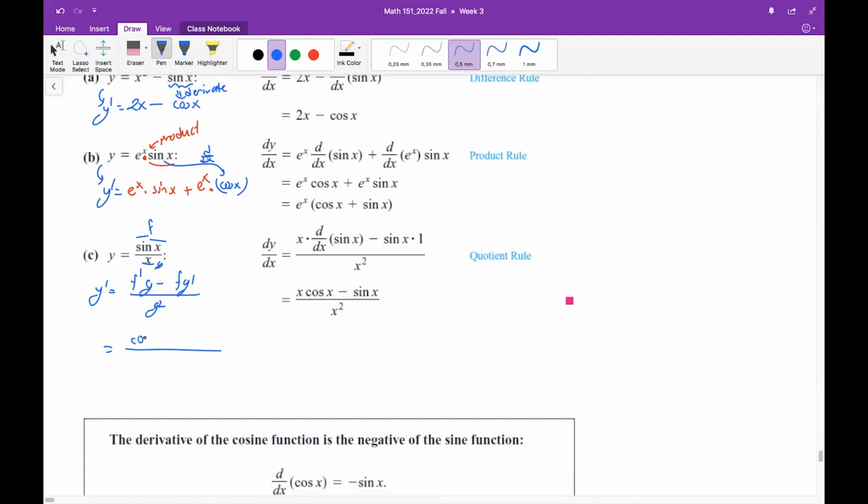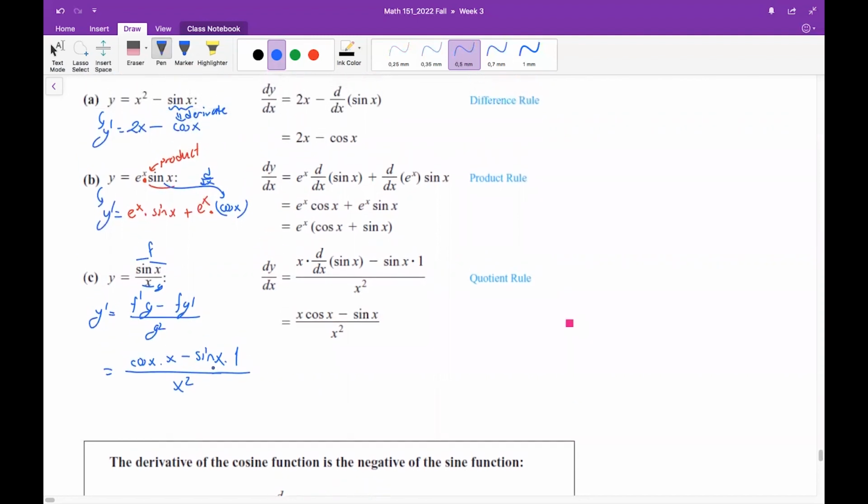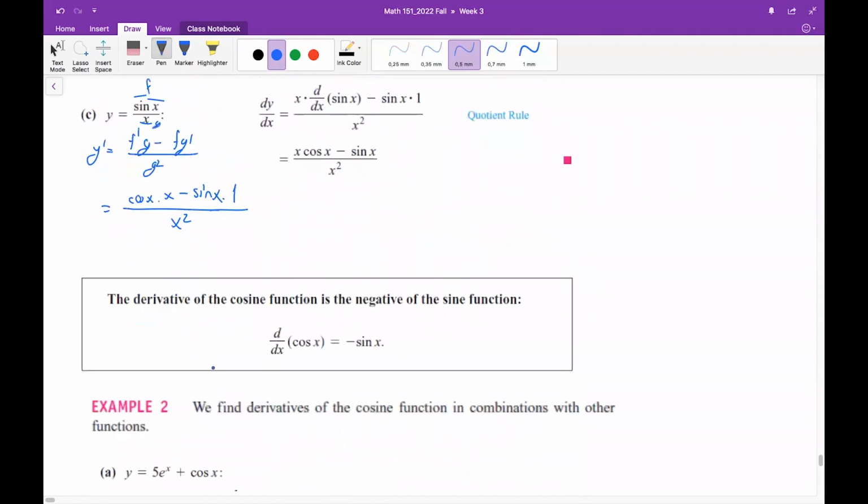Derivative of f is cosine x times the denominator function minus the function in the denominator stays the same times the derivative of the denominator function, and then square the denominator function like this. Okay, so I think we got how we derive sine function.